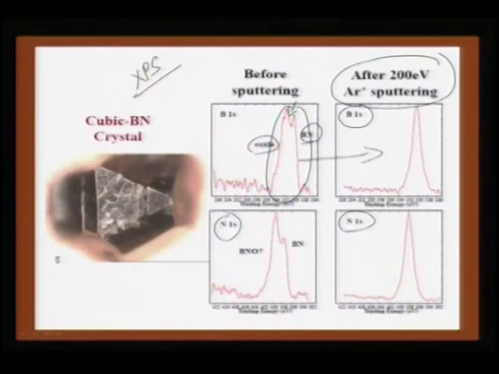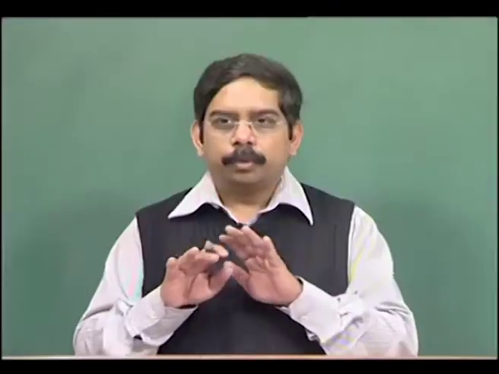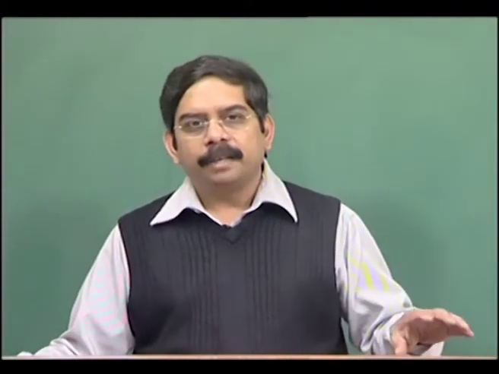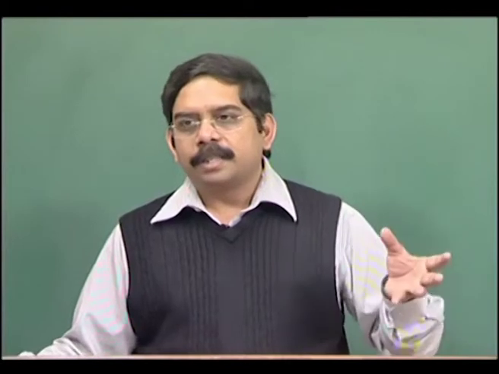Therefore, it is very important when we study XPS that we just do not map the spectra, rather we do the surface treatment in the first place. But one should also understand this argon sputtering can modify the oxidation states of the elements which are already present.